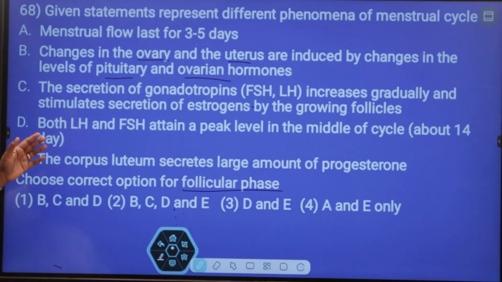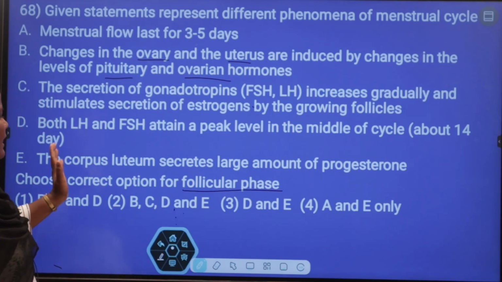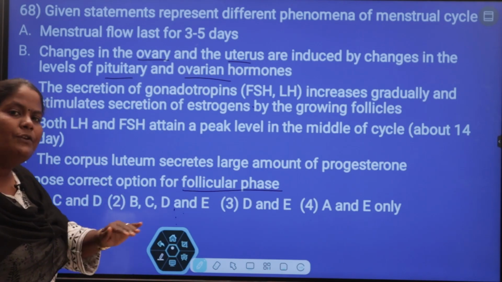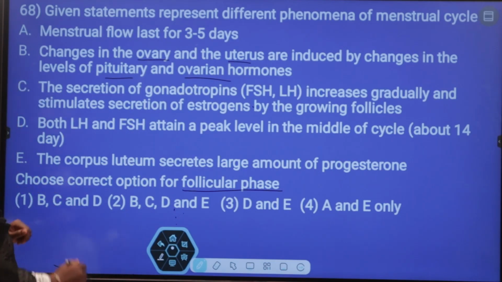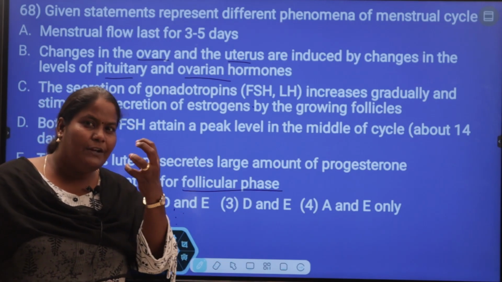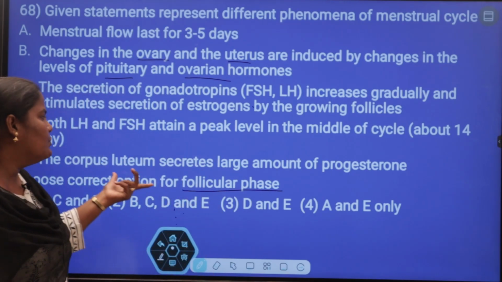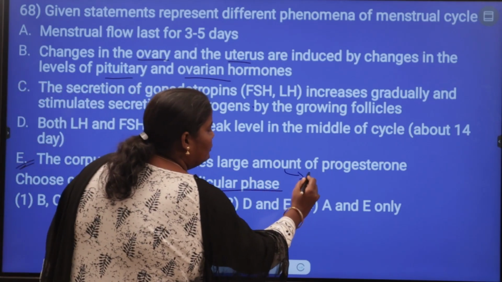Based on that, there are a few points here. Some points are not related to the follicular phase. For example, E, it deals with the luteal phase, corpus luteum. After ovulation, once the ovum comes out from the Graafian follicle, the corpus luteum is produced. So it totally belongs to the luteal phase.